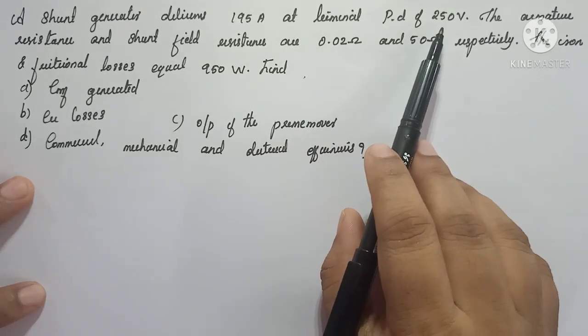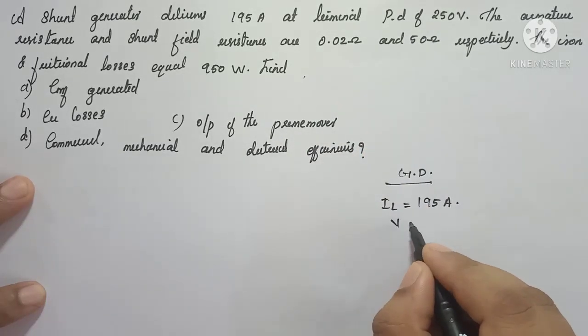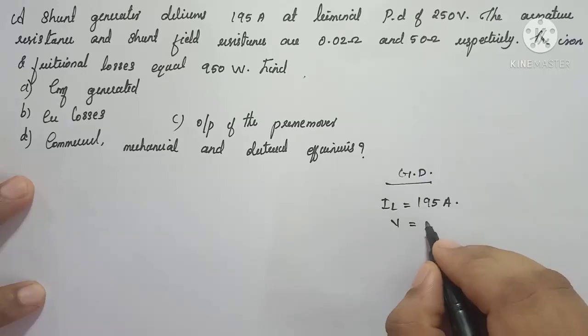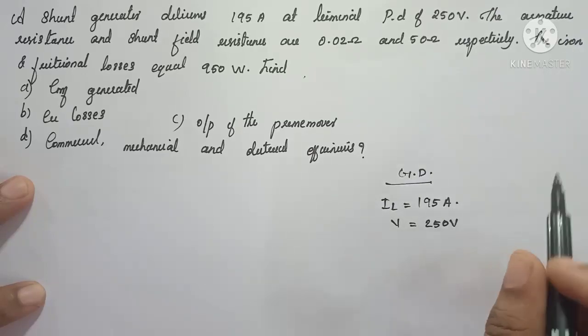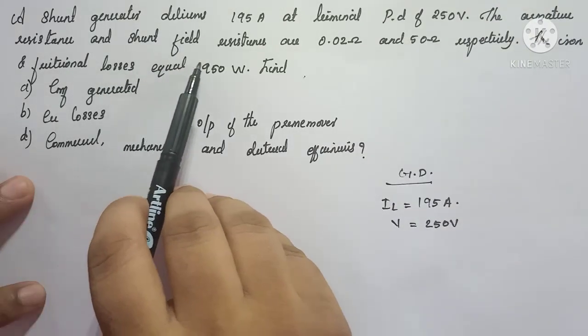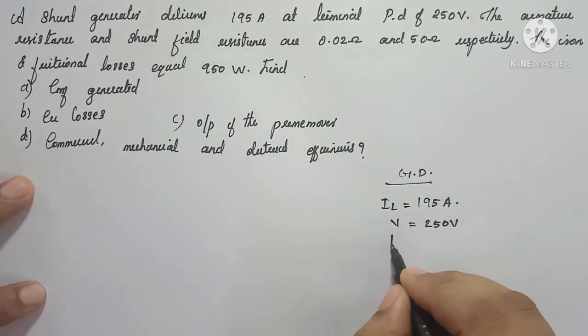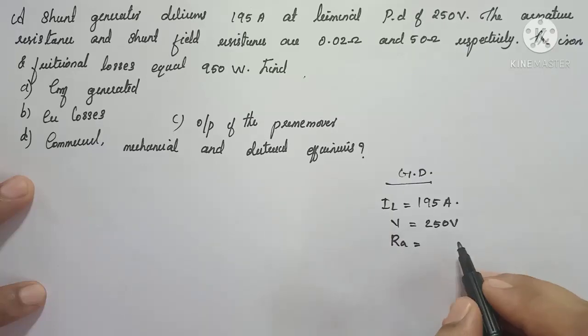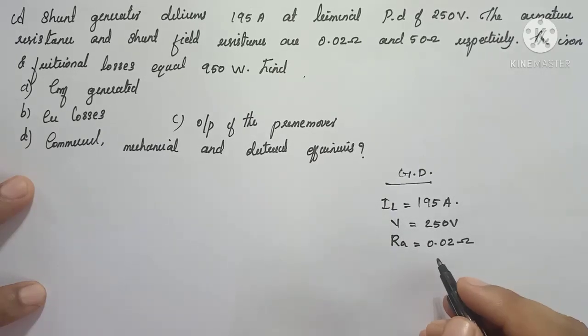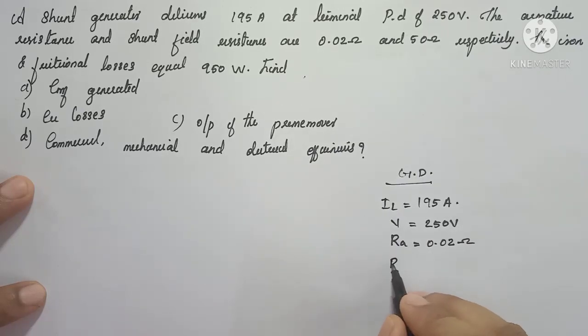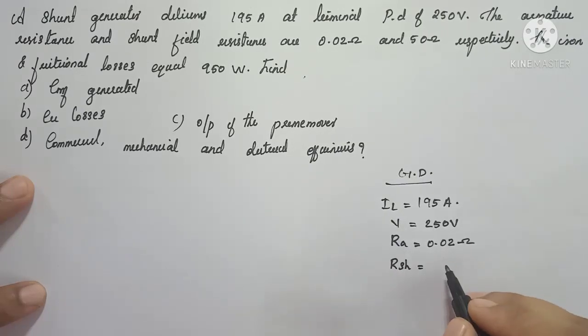Terminal potential difference of 250. That means terminal voltage, that is V is equal to 250 volt. The armature resistance and shunt field resistance are 0.02 and 50 ohm respectively. So Ra is given as 0.02 ohm and shunt field resistance, that is Rsh, is given as 50 ohm.